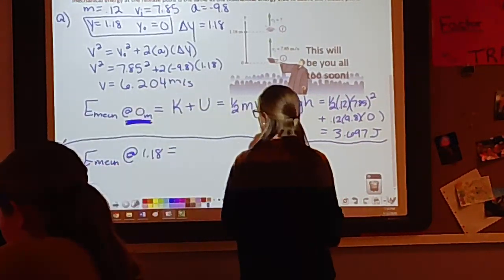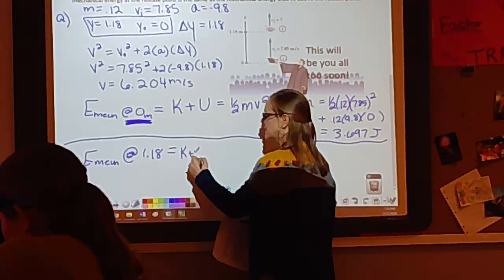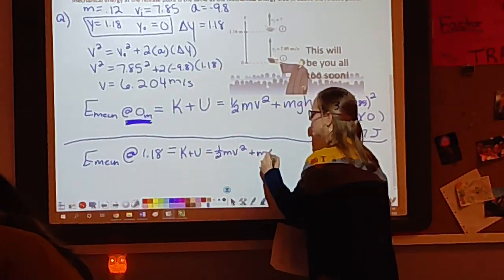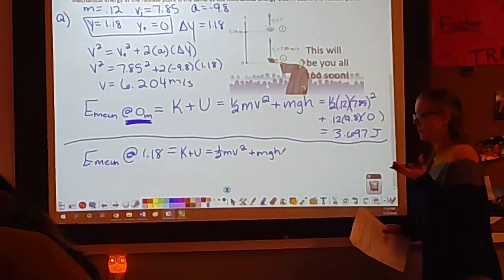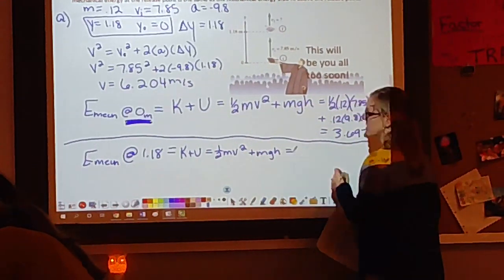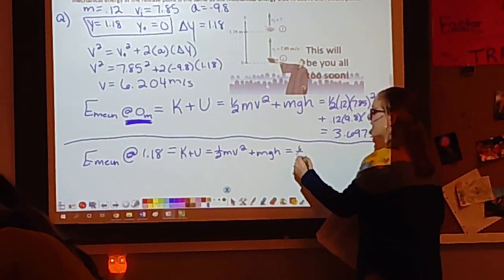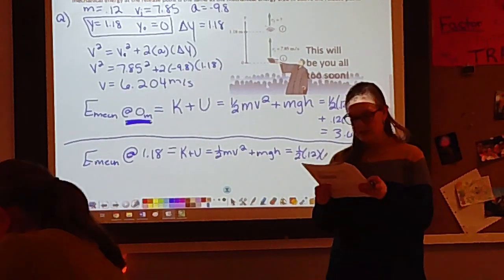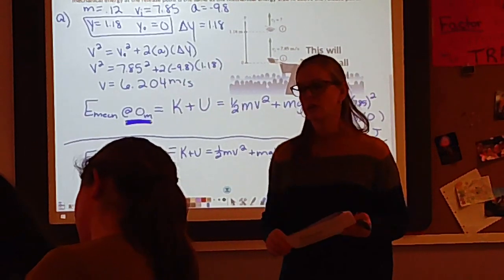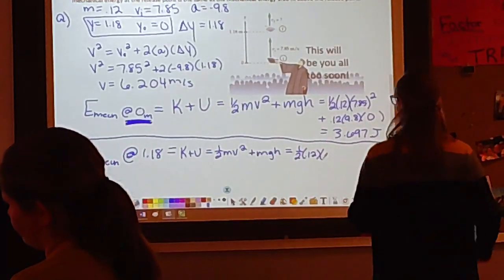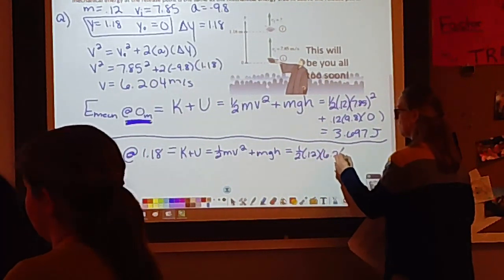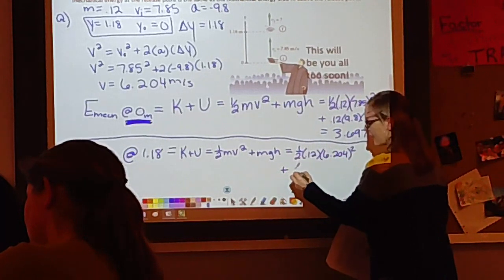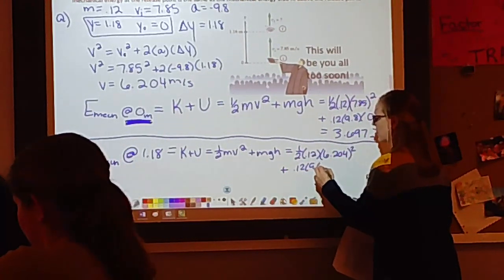Okay? So we do kinetic plus potential equals 1/2 mv squared at this point plus mgh at this point. I absolutely love this. So this is 1/2 times 0.12 times, what is my velocity when it's at 1.18? Good. Excellent. And that's squared, plus m, so 0.12, g, 9.8.